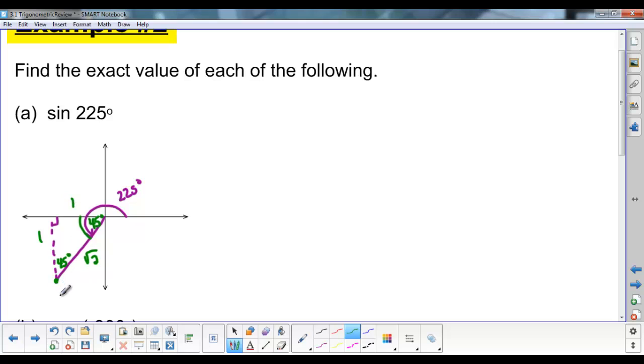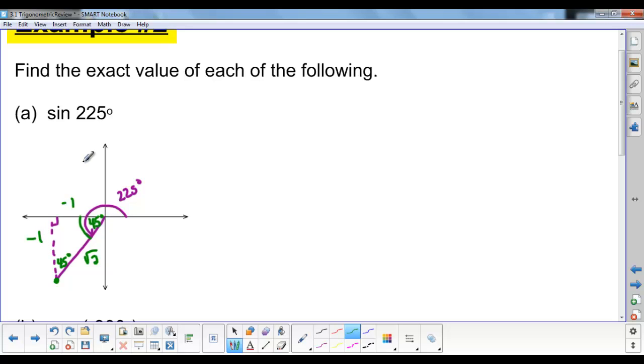So if you can imagine a point here with x and y, the x value is going to be -1 because we went left on the x-axis. And if you went down on the y-axis, that is also going to be negative. So this point here, you can imagine, would be -1, -1.